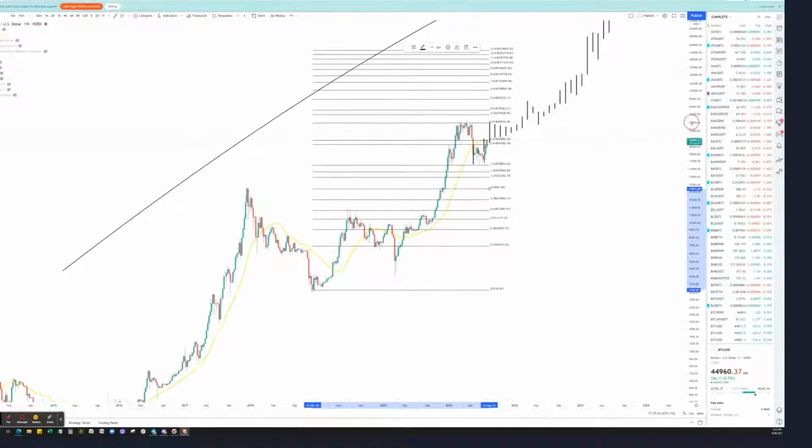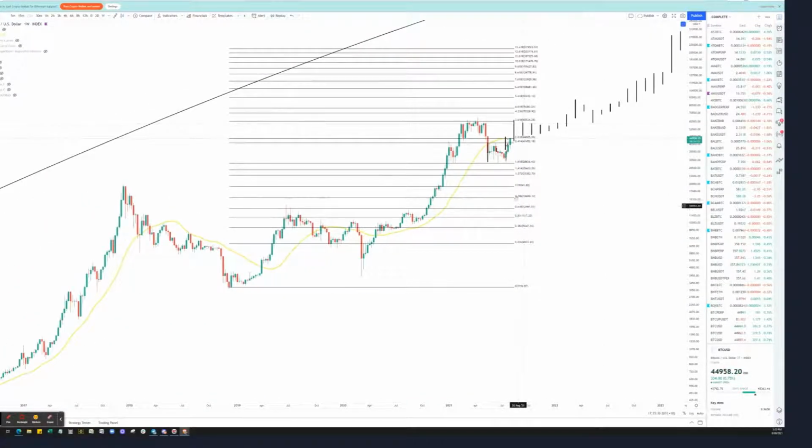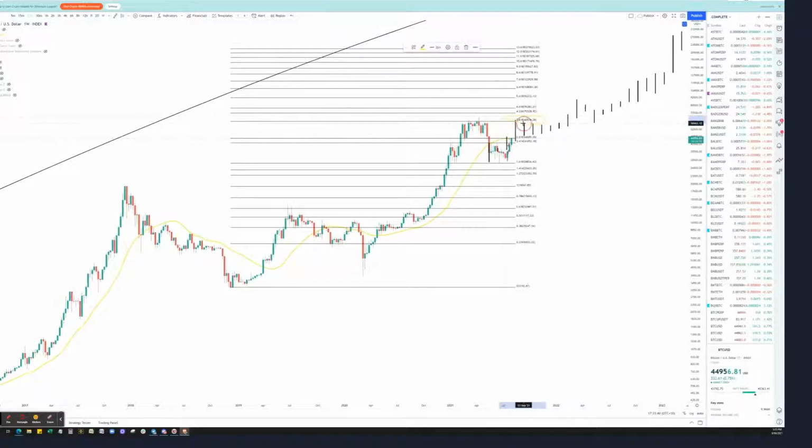You can see this chart of mine is all golden ratios all the way up, and you can see from this perspective the 316 was a golden ratio for this resistance here.